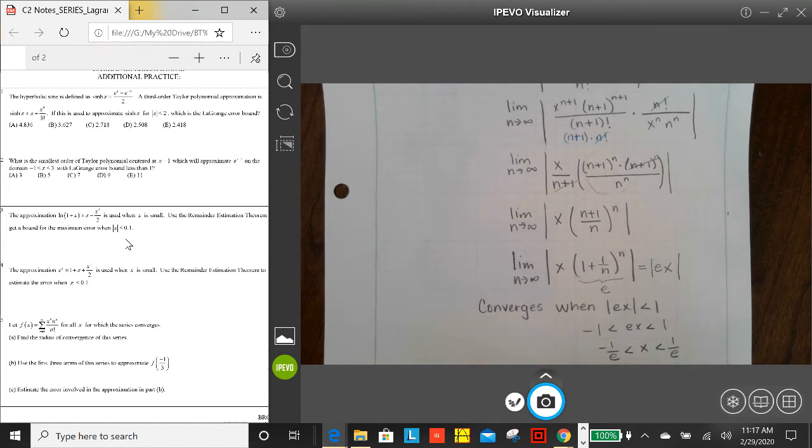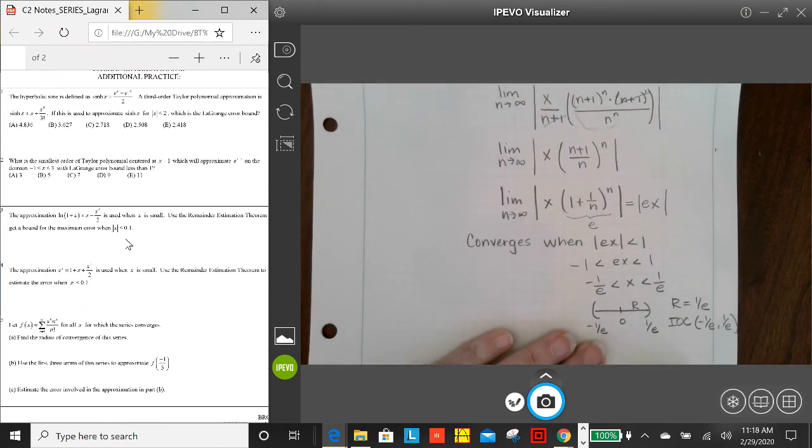So using my tie-interceptor, we get a center of 0, and my radius of convergence here, r, is equal to 1 over e. And the interval of convergence is -1 over e, comma 1 over e.